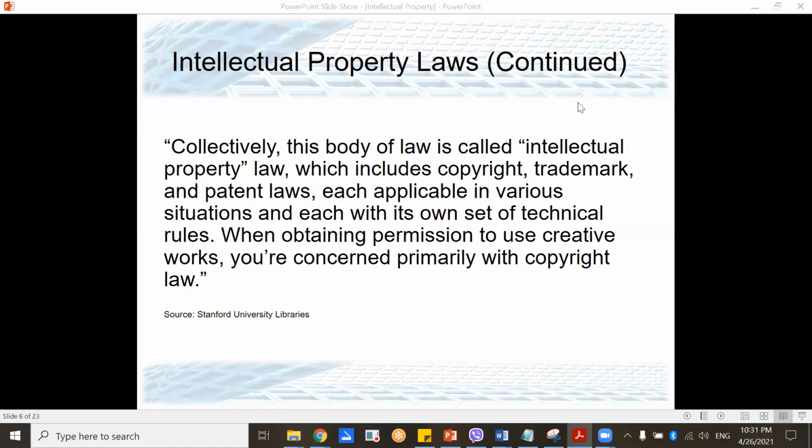So collectively, the body of law is called intellectual property law, which includes copyright, trademark, patent laws, and so on. Each is applicable in various situations, and each has its own set of technical rules. So when obtaining permission to use creative works, you are concerned primarily with the copyright law.